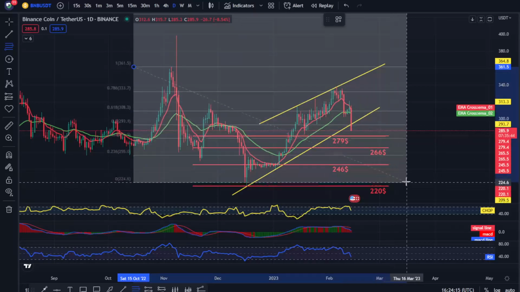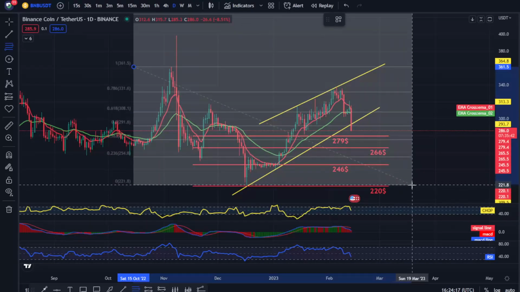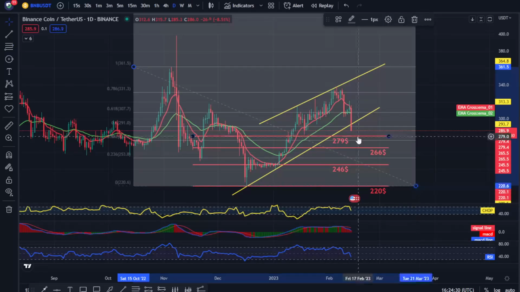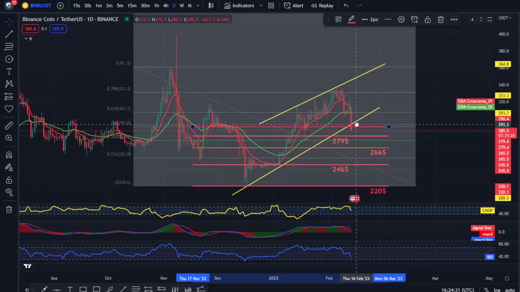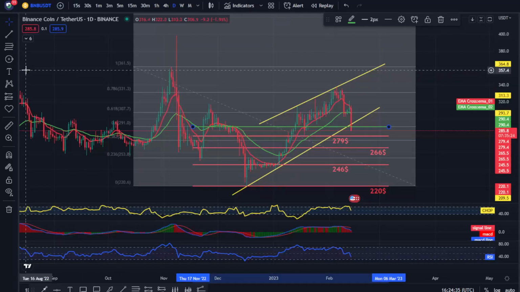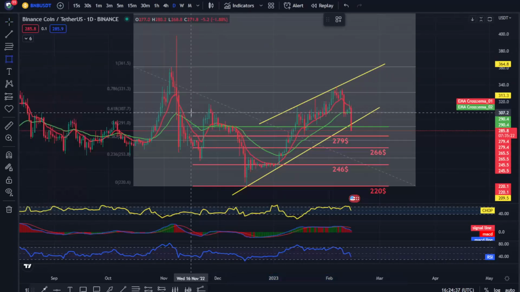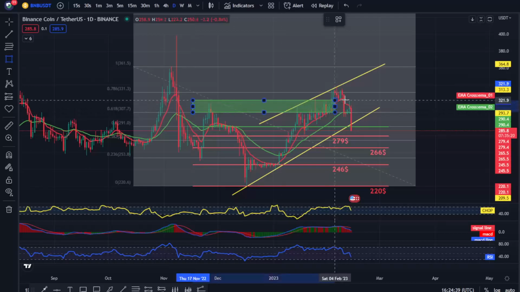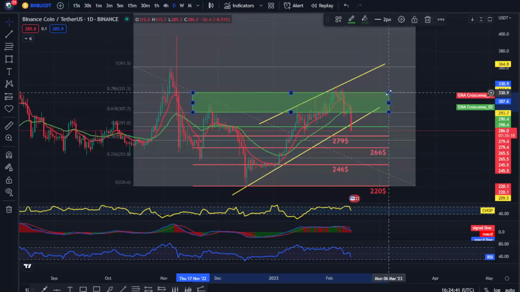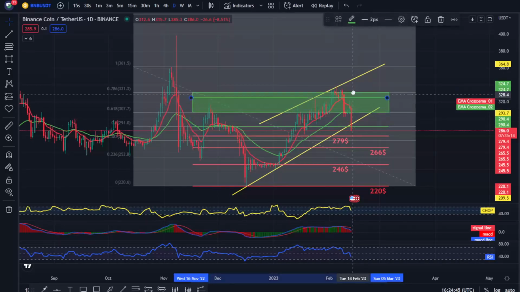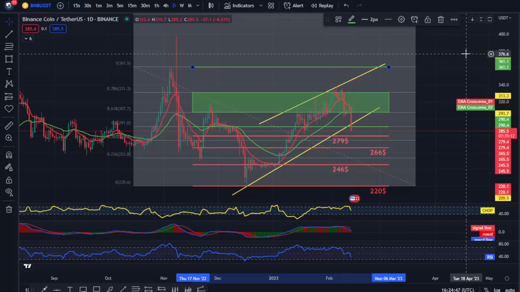Looking the other way, we can similarly determine the places of resistance that the price has to face. And here we see that the first resistance is at $290. Then we have a strong resistance zone from $308 to $331, and then the price will move towards $361.